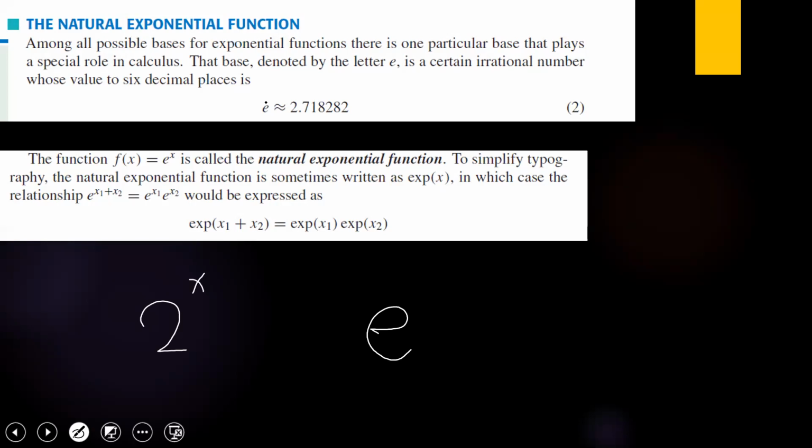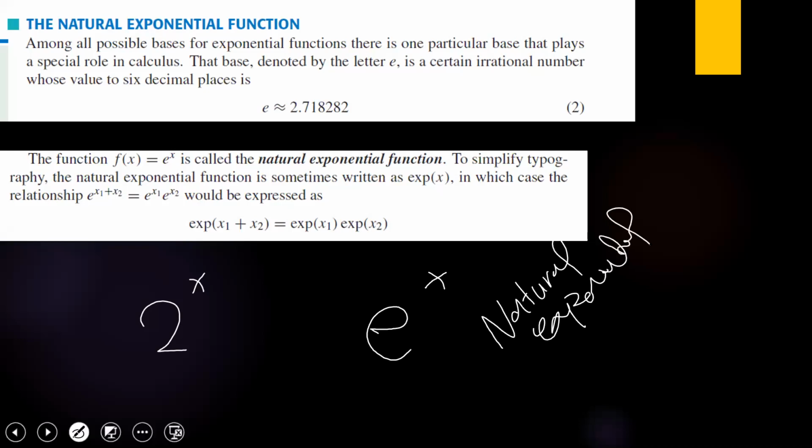If there's an e raised to x, we call it a natural exponential function. So if you have 2 to the power x, it is an exponential function with the base b.